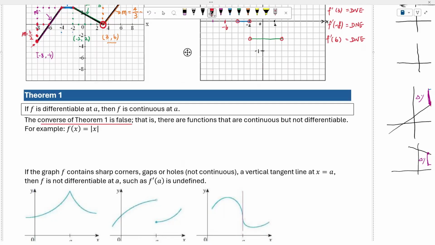One of the examples is the absolute value of x. So the function is continuous, but not differentiable at x equal to 0.